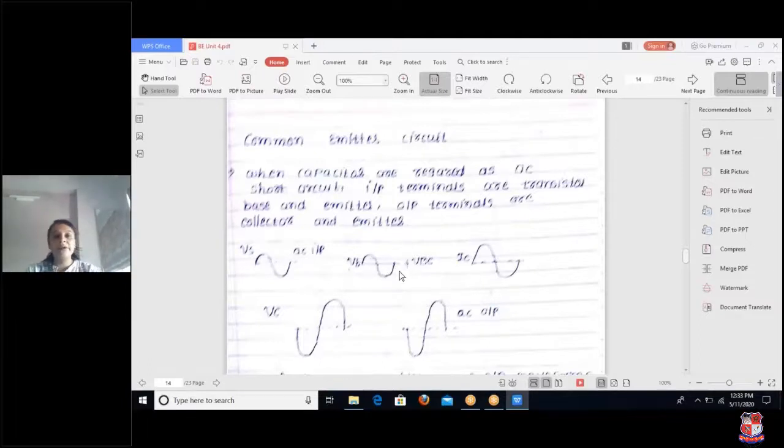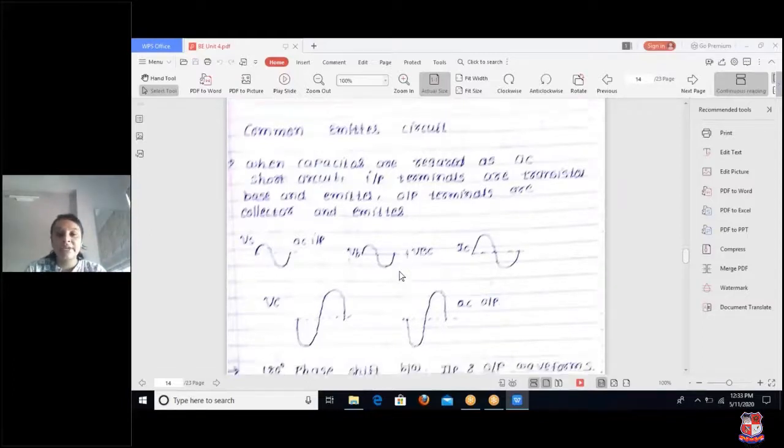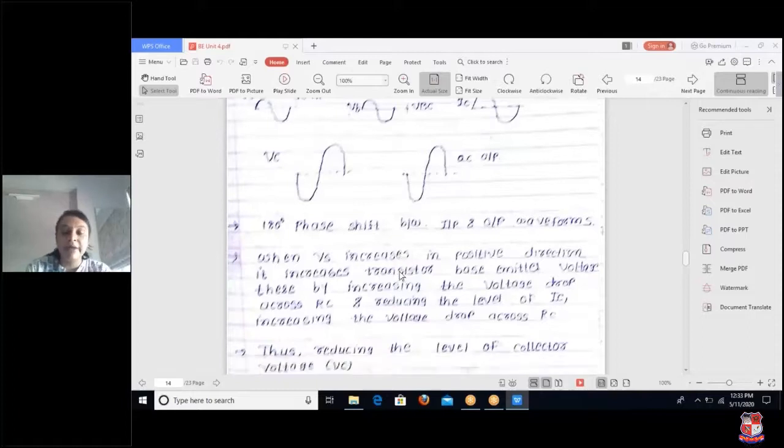When the capacitors are treated as a short circuit and Vs increases in a positive direction, your base emitter voltage also increases, so the collector current also increases. But the voltage drop across RC increases, which reduces the level of IC.